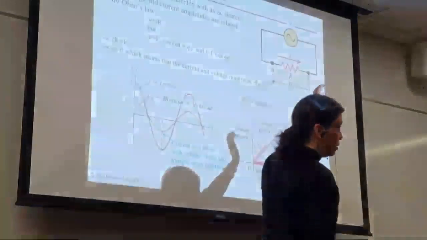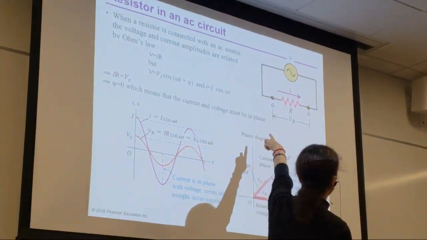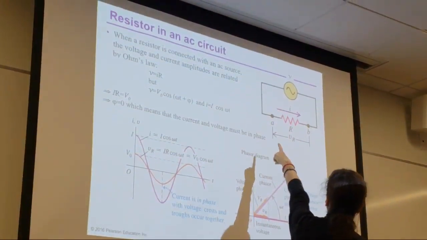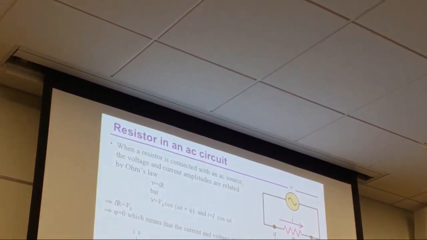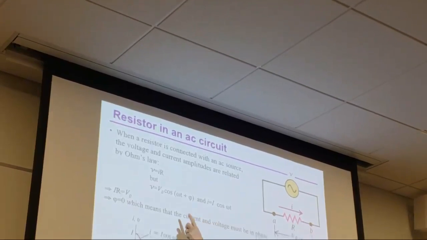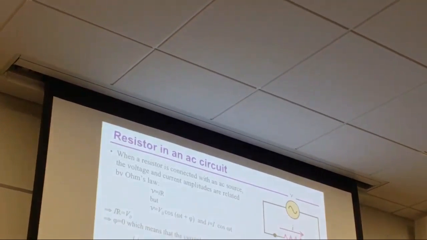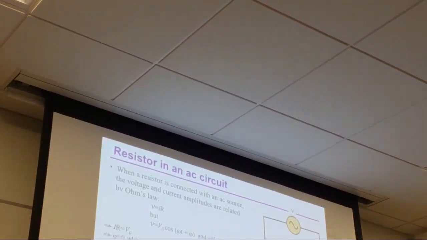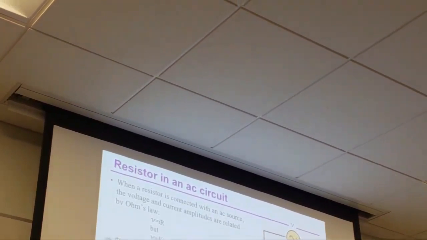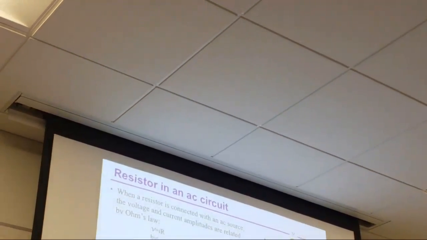If I go around using Kirchhoff's rules, which are covered in this exam, you go from A to A, and you see that the voltage across the resistor has to be the current times the resistance. That V on the top is the voltage across the resistor, IR.